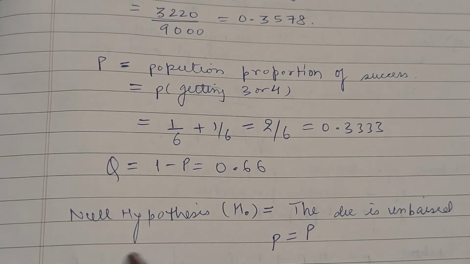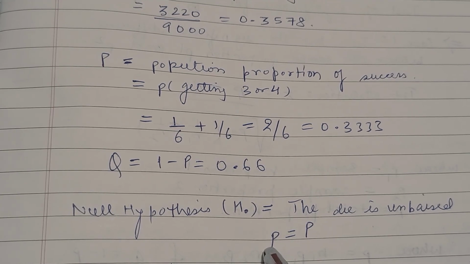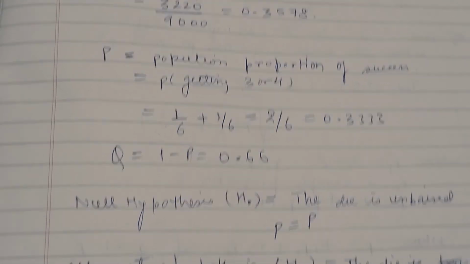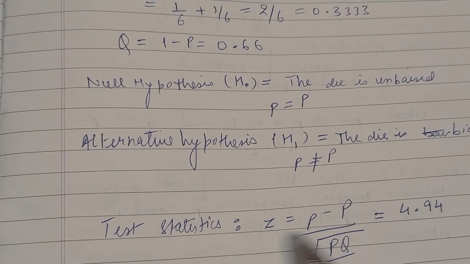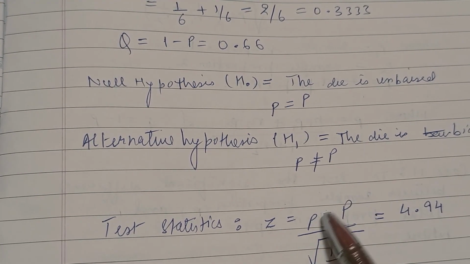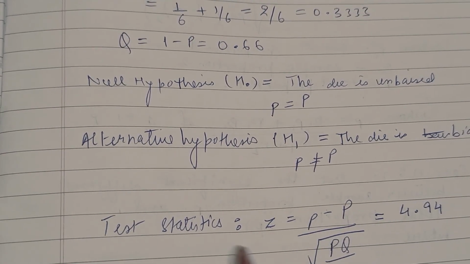Now set the null hypothesis. Null hypothesis H naught: small p equals capital P. And alternative hypothesis: small p not equal to capital P. I told you, just see the numerator of the formula, and for the null hypothesis put equal to between them, and for the alternative hypothesis put not equal to if it is two-tailed.